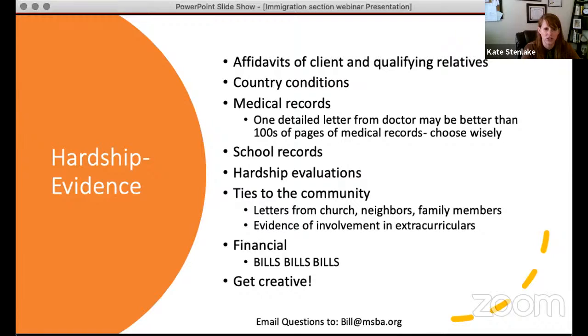So the hardship evaluation really is important, and I do suggest you get them done for every cancellation of removal case, because sometimes that alone can be enough to show the hardship.